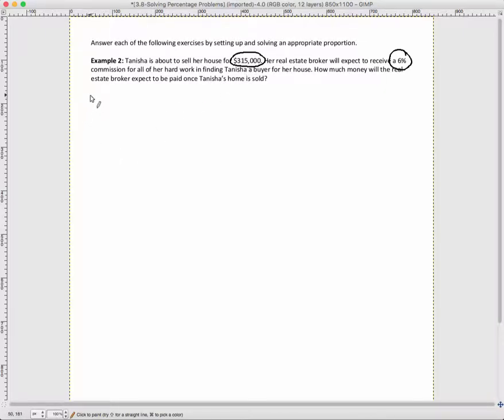Because it's a word problem, we're going to start with a statement, and I'm going to say let X represent the amount, the money that the real estate broker will make.